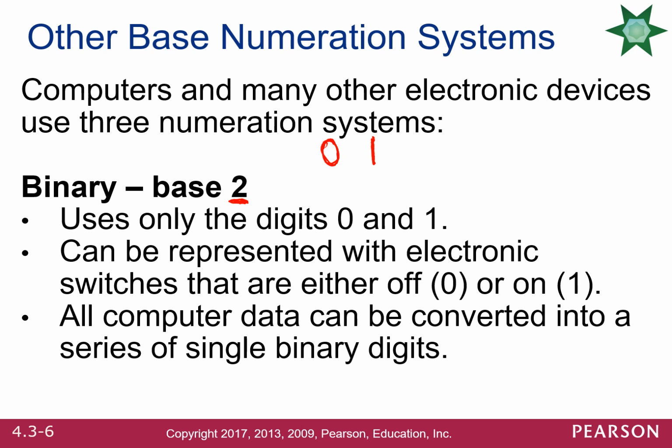And all computer data can be converted into a series of single binary digits. So when we type an A on our keyboard, what the computer does is it picks it up, and at the back, its circuit will convert it to binary digits, and then store it at some place, and then there is a whole process of displaying that on your monitor.